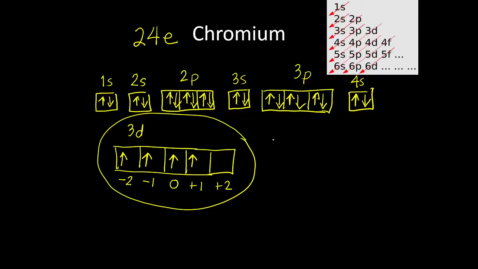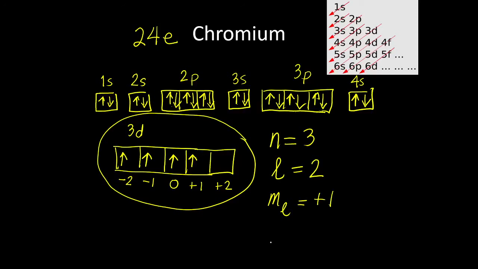Now, pila ato ang energy level, main energy level, the quantum number? 3. What about the angular momentum quantum number? 2. Kay D naman na siya. What about the M sub L?